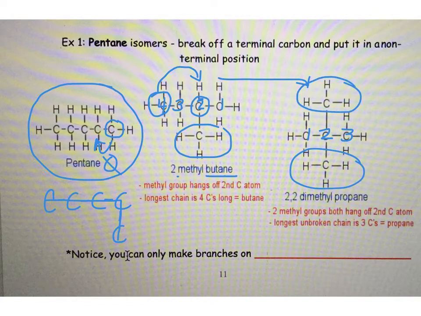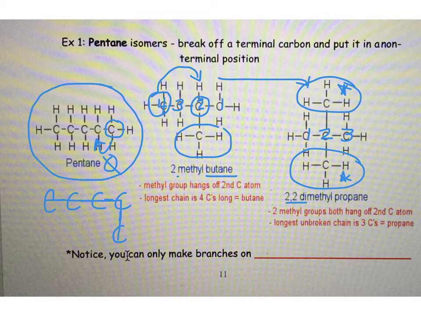So now my parent chain is only 3 long, which is prop, all single bonds, ends in ane. I have 2 methyl groups, one here and one here. They're both the same, so that gives me dimethyl, and then I have to name the location. I must name both locations, so it's 2,2-dimethylpropane.